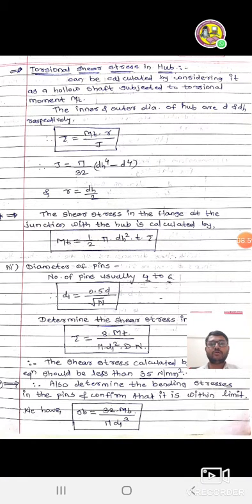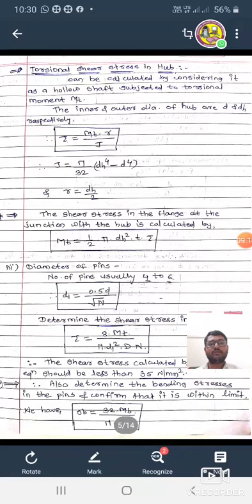J is nothing but the polar moment of inertia, pi by 32 into Dh raised to 4 minus d raised to 4, and r, the radius, is nothing but Dh by 2. Next, the shear stress in the flange at the junction with the hub is calculated by Mt equal to 1/2 pi Dh square t into tau.